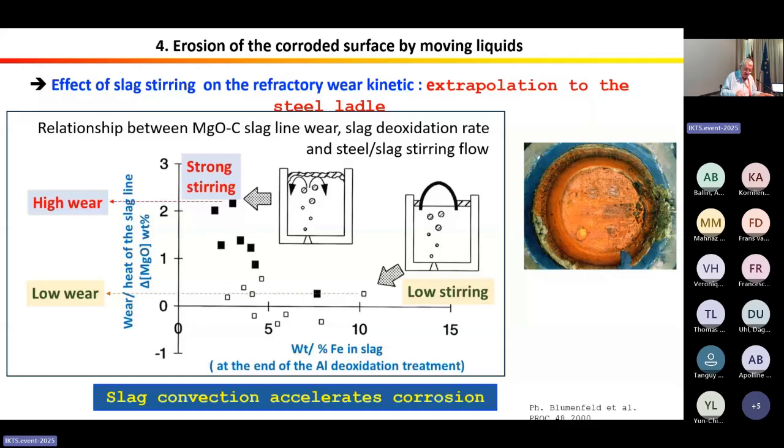We observe that when we have a strong stirring, we have a low level of iron oxide, we have a very good deoxidation, but we have a high wear of refractories. And when we have a low stirring, we have an important 10% of iron oxide in slag, and the refractory has a low wear.